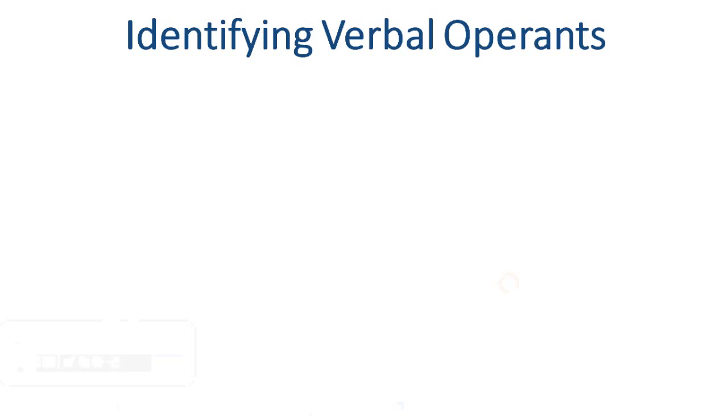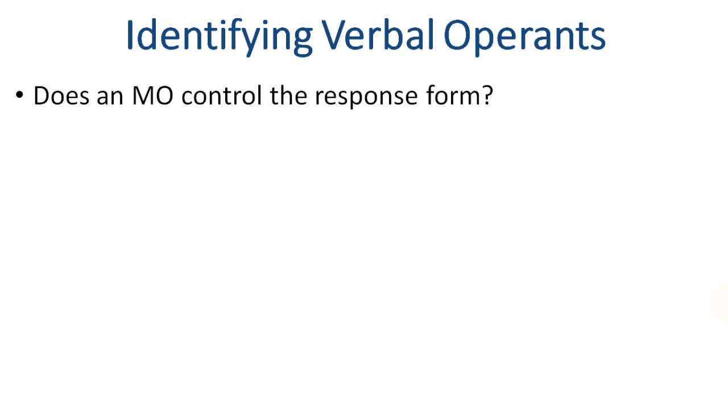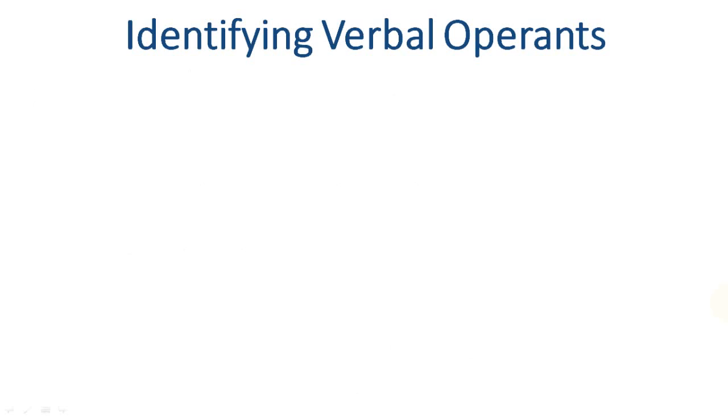So one of the additional advantages of looking at verbal operants as independent behaviors is the fact that we can not only treat those specific behaviors, but also we are in a position to identify them based on their characteristics, or in other words, their controlling variables. So when faced with a verbal behavior, we could try to follow a decision tree or flow to identify what type of verbal operant we are dealing with.